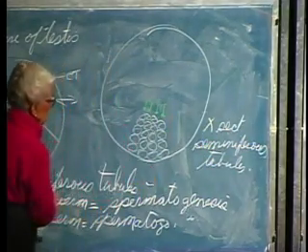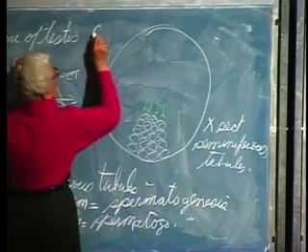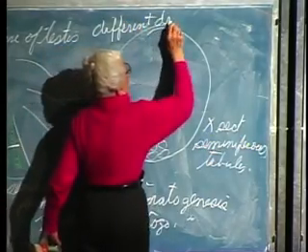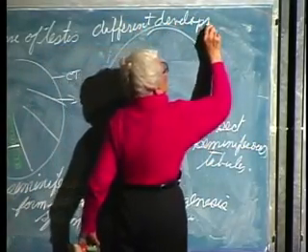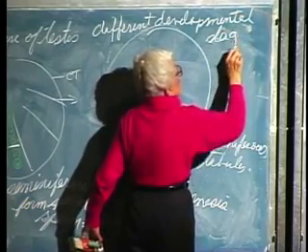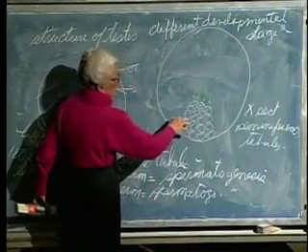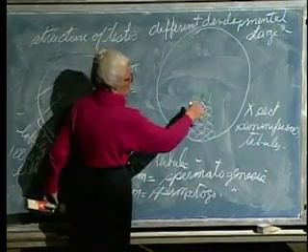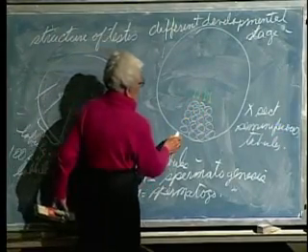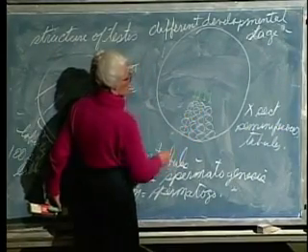Just different developmental stages: spermatocyte 1, spermatocyte 2, spermatogonia, and so forth. Each one has a name coming up, but I just wanted you to know the principle of developing from the baseline to form sperm.